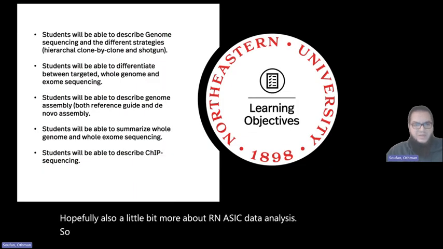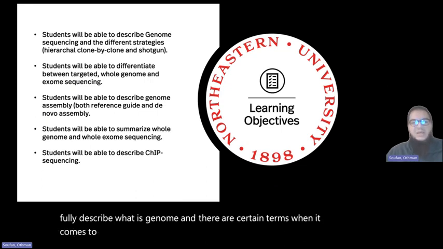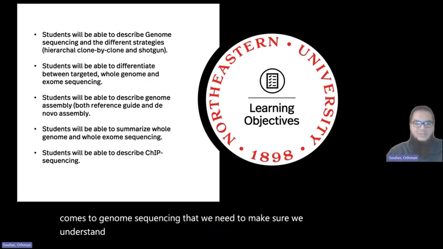In terms of learning objectives, hopefully you will be able to fully describe what a genome is, and there are certain terms when it comes to genome sequencing that we need to make sure we understand, such as gene, chromosome, genome, contig, scaffold, and so on.